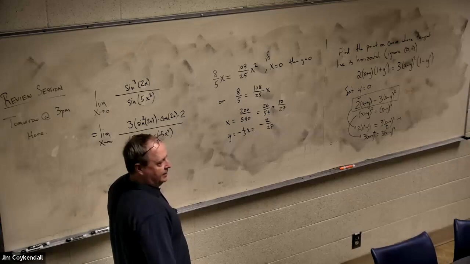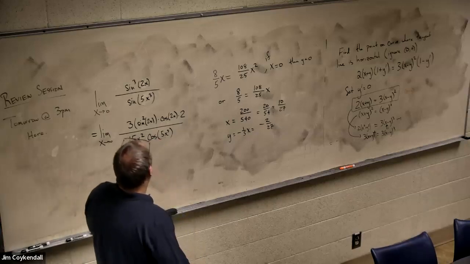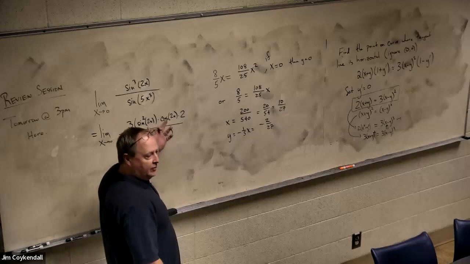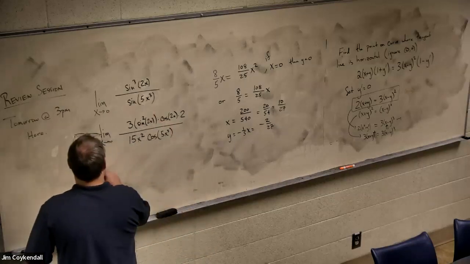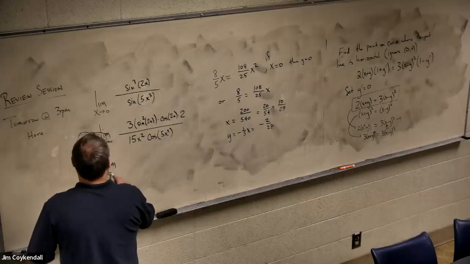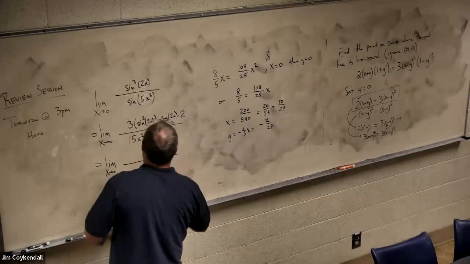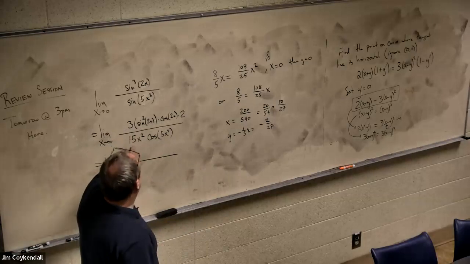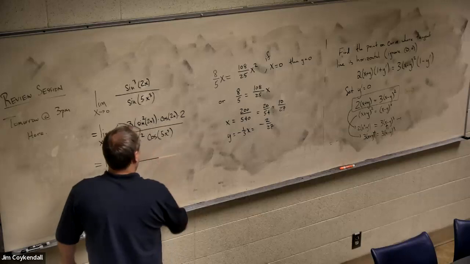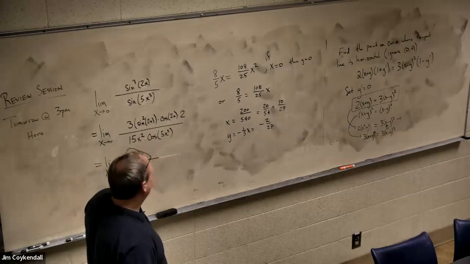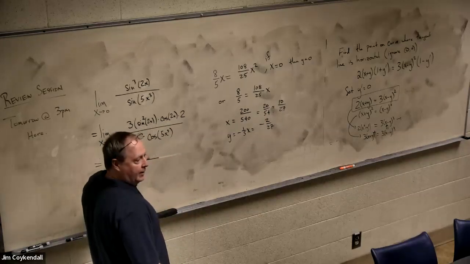You all told me that you got 0 over 0, right? Why did you get 0 on the bottom? Because of this term. Do I agree with you?